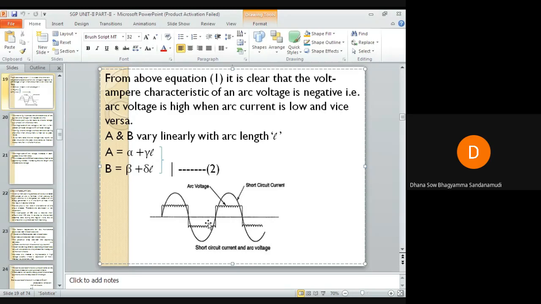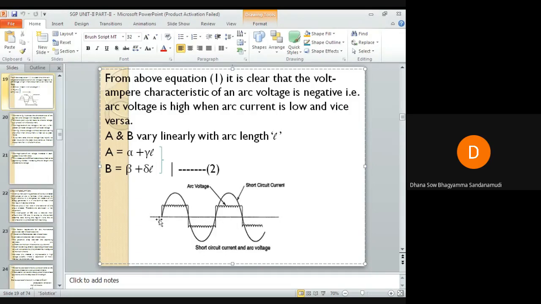The magnitude of the arc voltage gradually increases from one loop to another loop. It's not shown in this figure, but the magnitude will be gradually increasing, while remaining constant throughout each loop. Compared to this loop, in this loop the length of this straight line must be larger than the previous one.